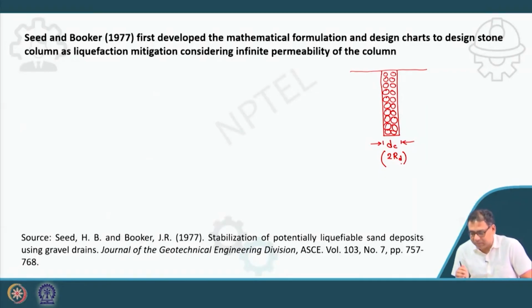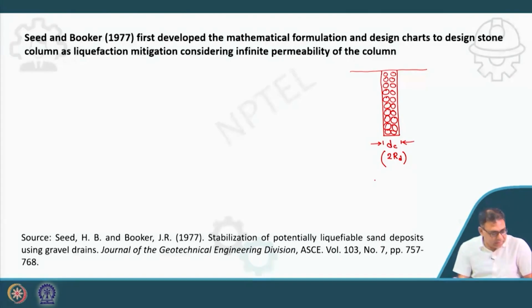Here RD is the radius of the drain, and DC is the diameter of the column. Both are the same, so DC will be equal to 2RD.